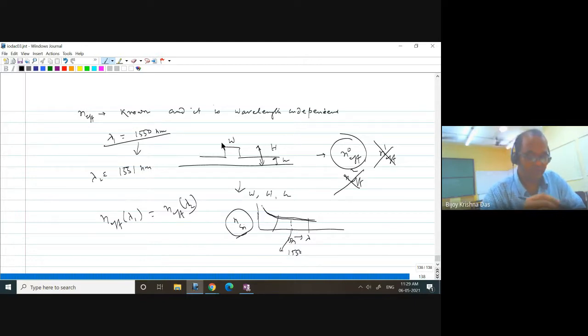Typically, that waveguide dispersion is more prominent than material dispersion. So n effective is basically lambda dependent. It is very difficult to design, even though the materials, say box or top oxide, may be within the wavelength range.